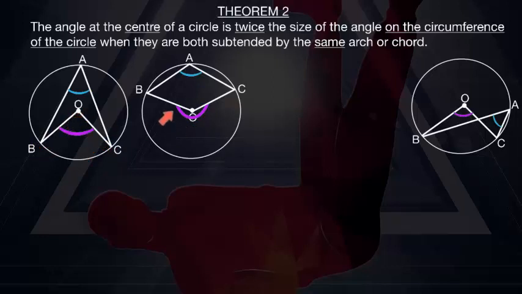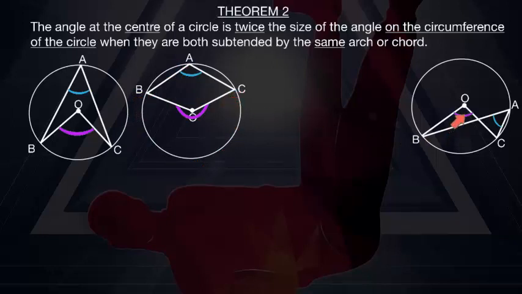So the same here. This is a reflex angle, and its one side OB and its other side OC are connected by BC at the bottom. The same goes for this angle on the circumference, because AB and AC are connected by this chord BC.